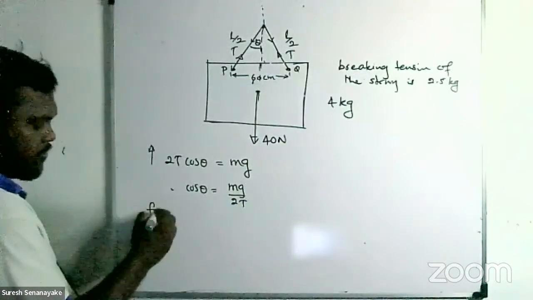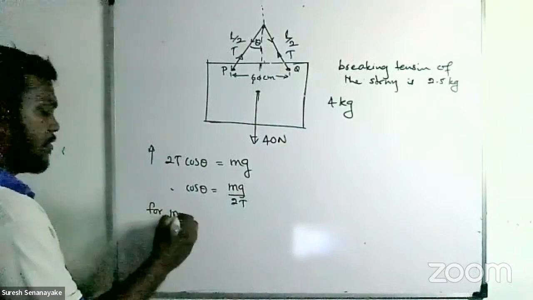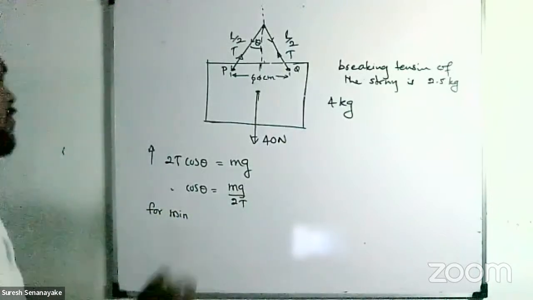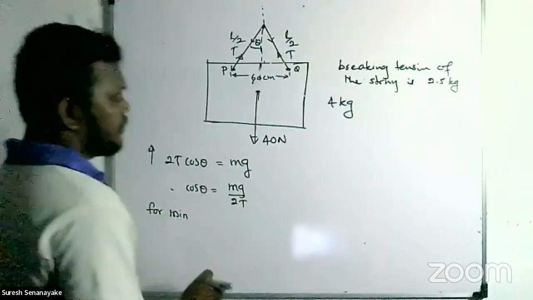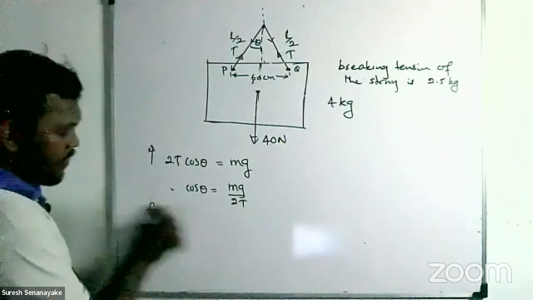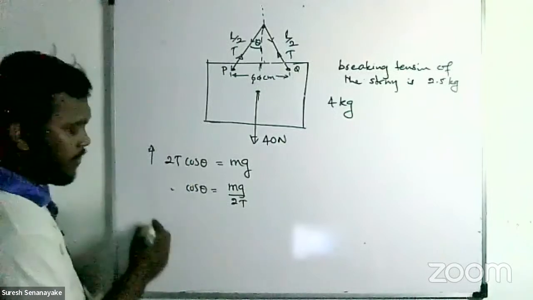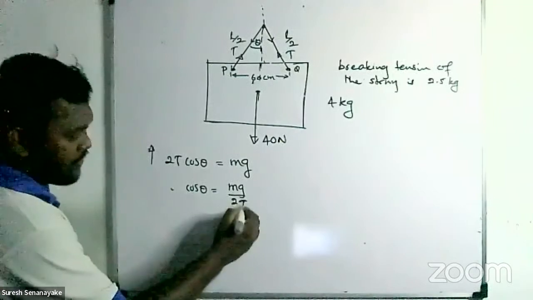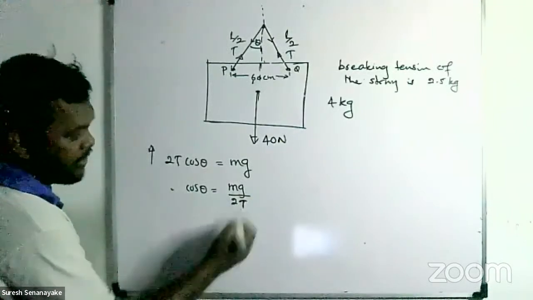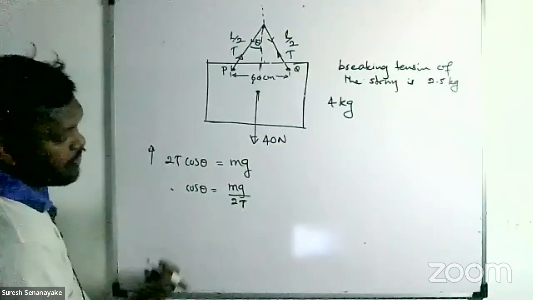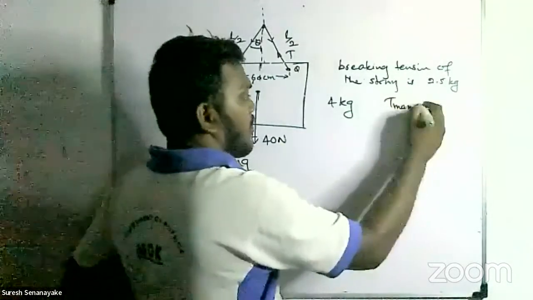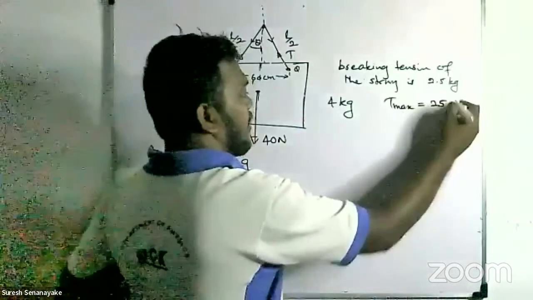And for minimum length, minimum L, we go into this for the breaking, right? The maximum tension is 2.5 kilogram, that is 25 Newton. After this tension it breaks.